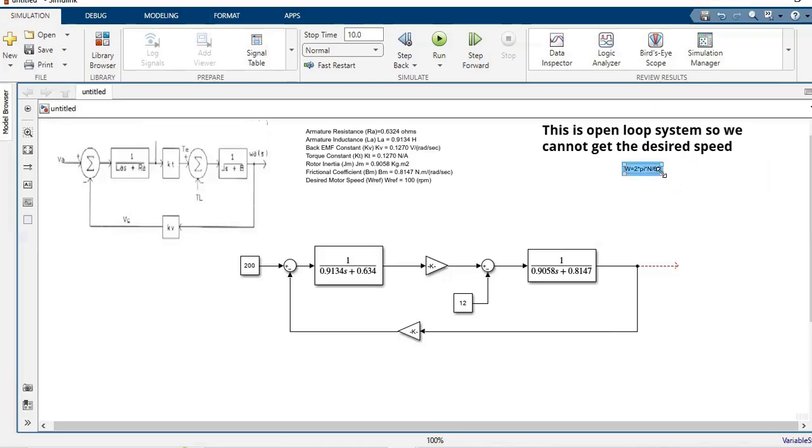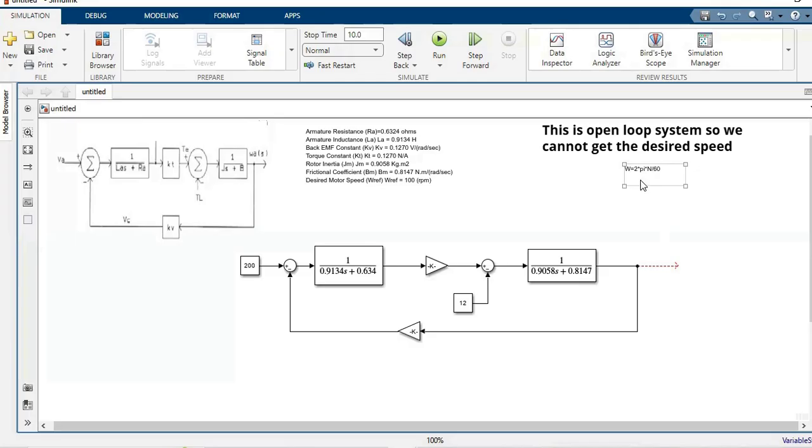So from here we can convert omega into n by multiplying omega by 60 divided by 2 pi.